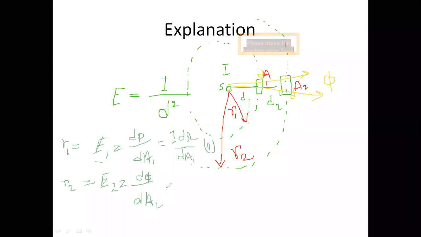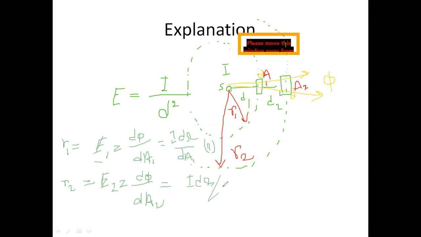Okay. Now it becomes I d omega divided by dA2. Okay, this is equation 3.